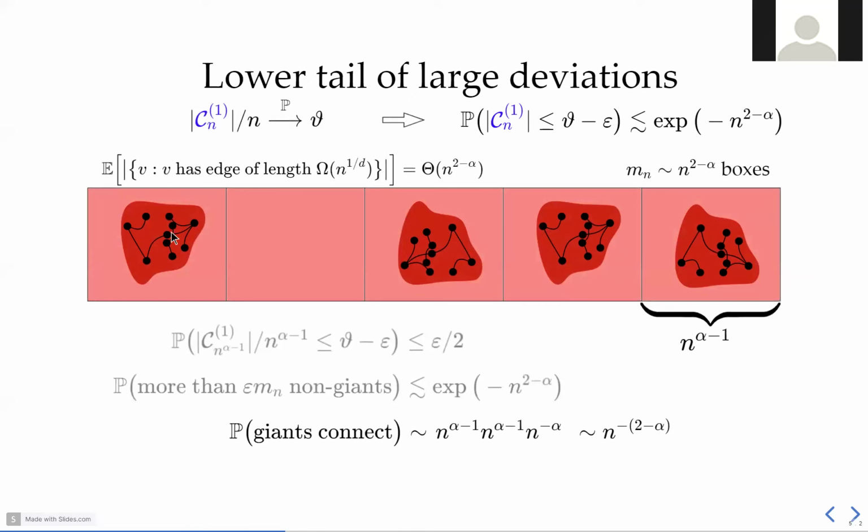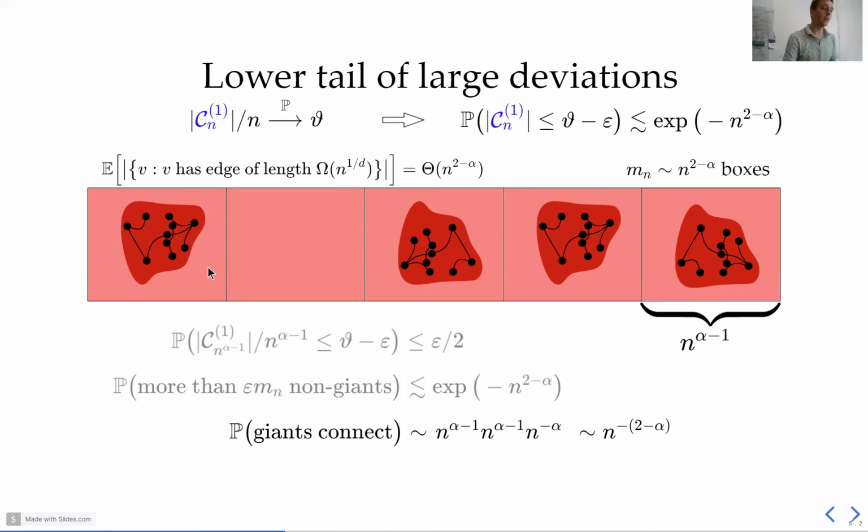No. The probability giants connect. What connects with what? Okay, so giants you should think of as a set of vertices in a connected component in one of those red blocks. So this is a connected component in this subgraph here in a box. And now I look at the largest connected component inside this box. And that I call a local giant. Does that make sense?